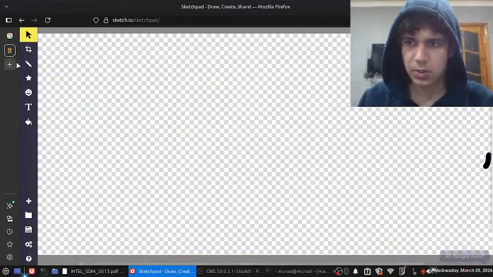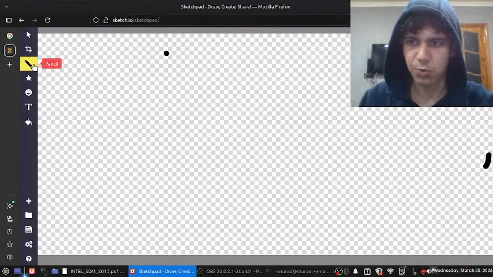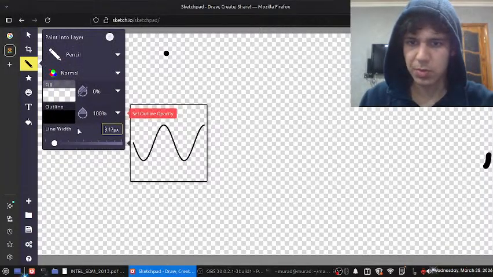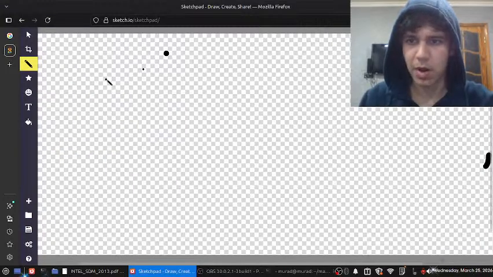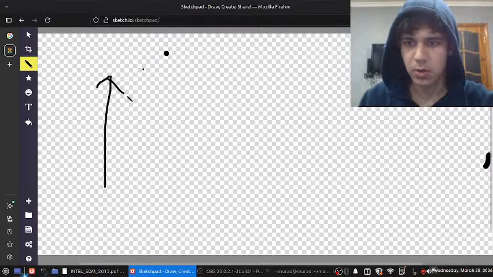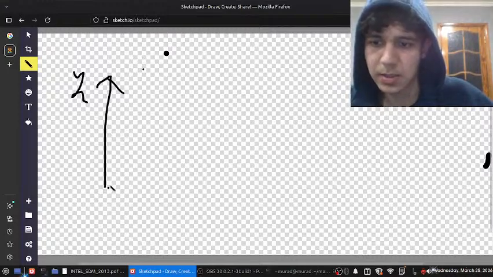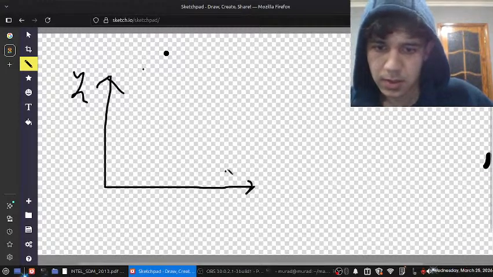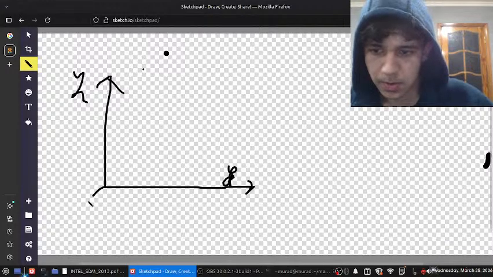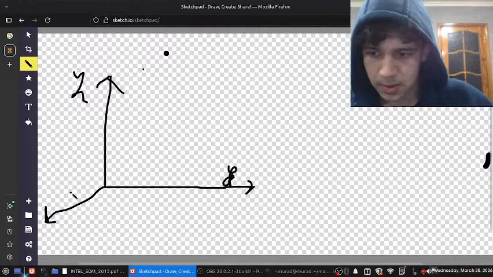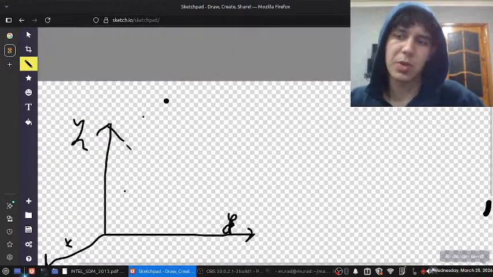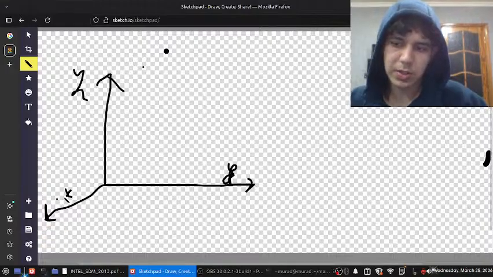Okay, there are three-dimensional vectors too. We are in three dimensions. It is z here, the height is y here, and there is x.